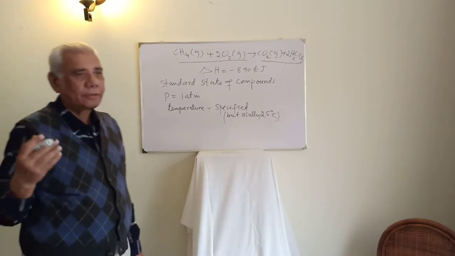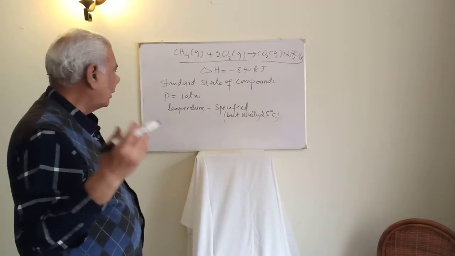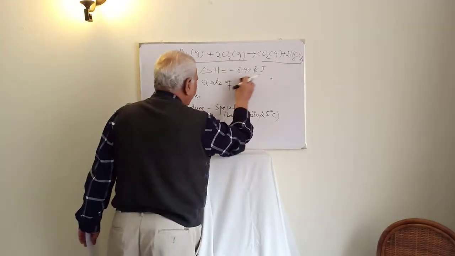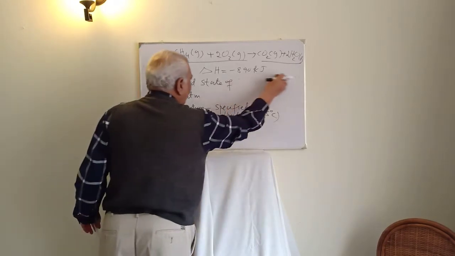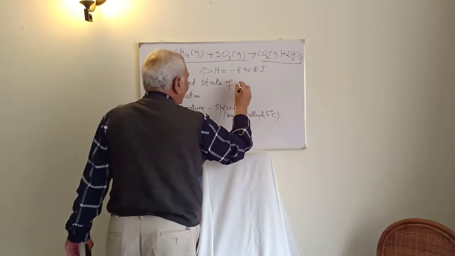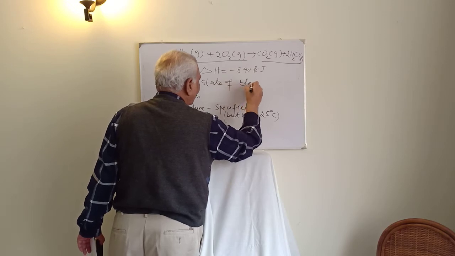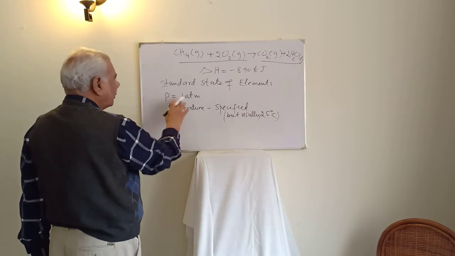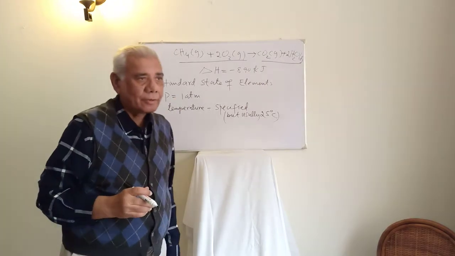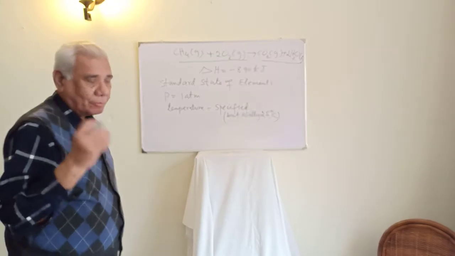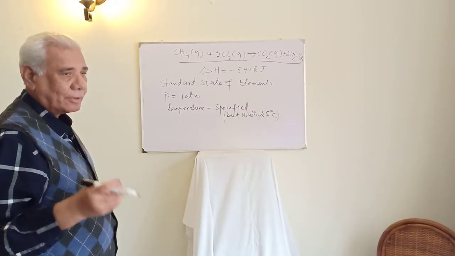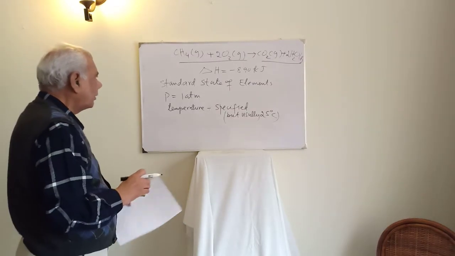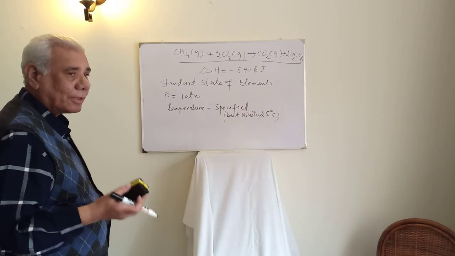This is the standard state of compounds. Similarly, the standard state of elements is also a pressure of 1 atmosphere and a specified temperature, and we usually take 25 degrees centigrade. So this is the standard state of elements.